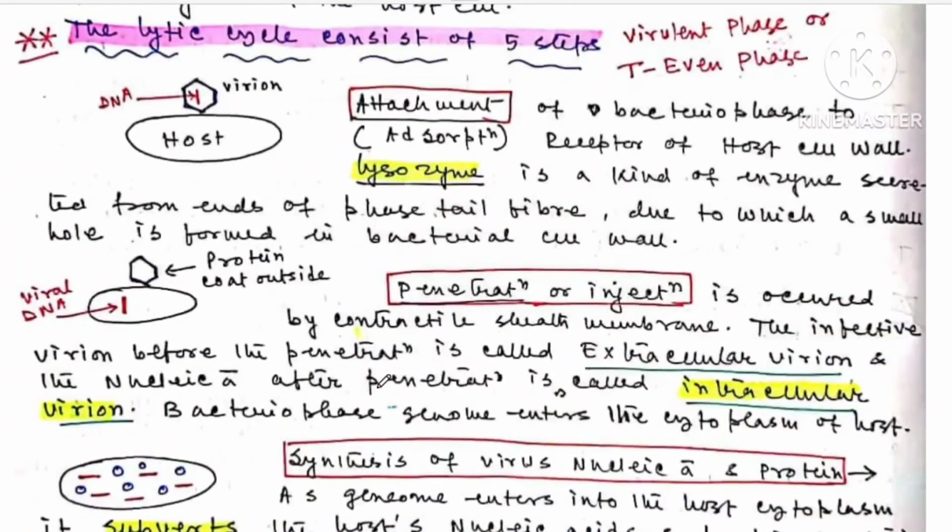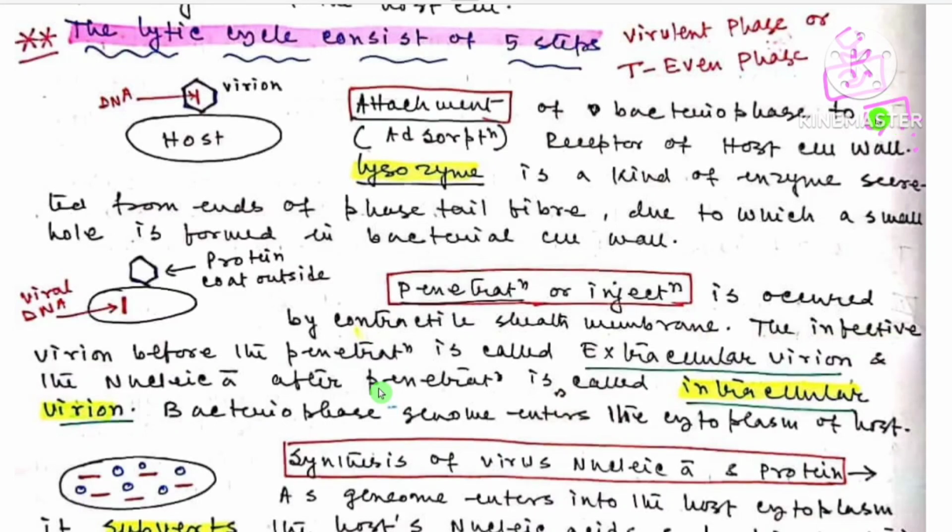First we will be talking about the lytic cycle of bacteriophage. Lytic means lysis. That means when any bacteriophage attacks a bacteria, this will cause a rupture of the bacterial cell. Suppose this is a bacteria, and when this bacteria is infected by a bacteriophage, this bacteriophage penetrates its genetic material inside the host bacteria, and then they replicate inside this host cell, and after formation of many progeny viruses, they rupture or kill the bacterial cell or the host cell.